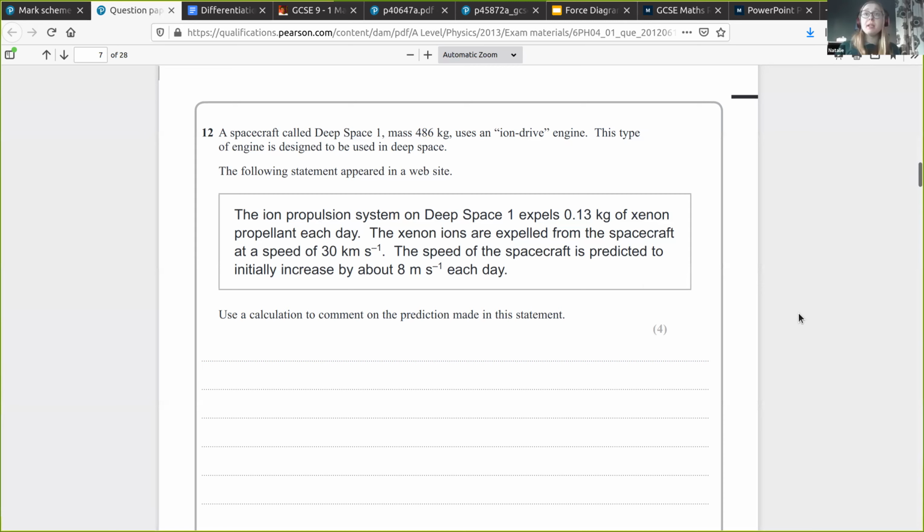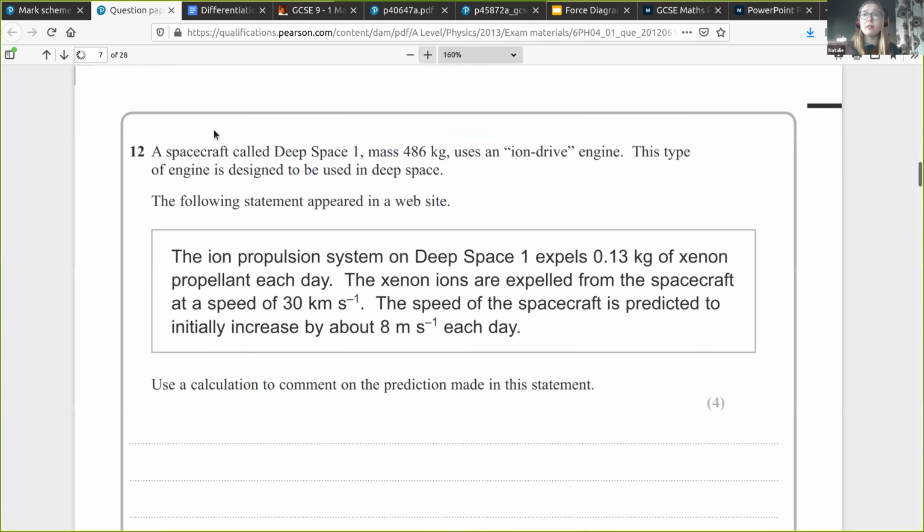Let's have a look at an example question where hopefully you'll understand a little bit better exactly what I am talking about. And in this question, we are going to have a look at something breaking apart. So in this question, we have a spacecraft called Deep Space One of mass 486 kilograms.